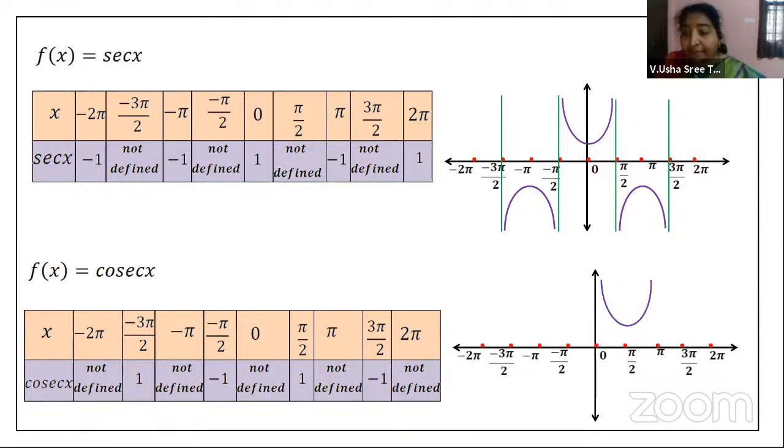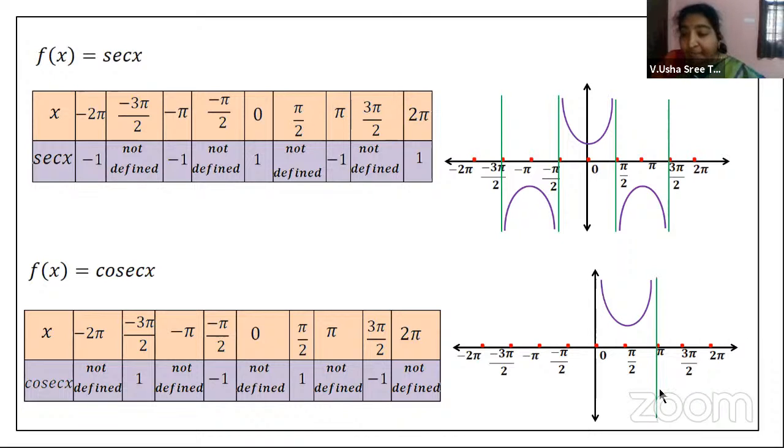Then 0 to pi. Of course, in between you have 90 degrees. At 90 degrees, cosecant is taking the value as 1. Exactly here. From 0 to pi, when you say at 0, you are getting a not defined, that is an infinite value. Therefore, it is not taking any value at this point.